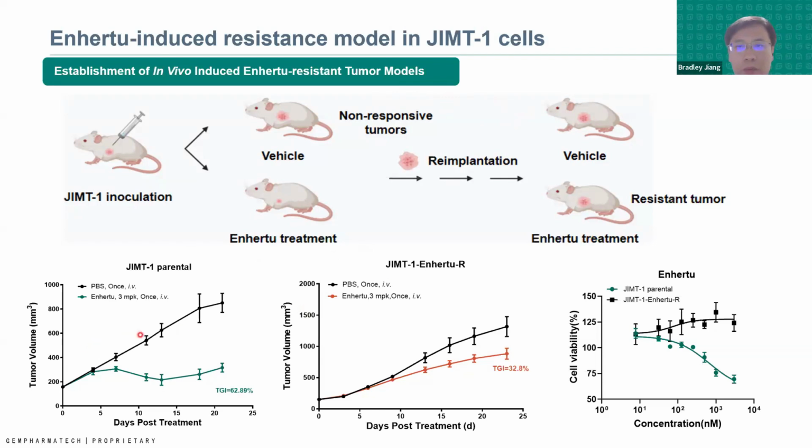We inoculated nude mice with the GMT1 parental or resistant cell line, and then treated with Enhertu at 3 mpk once, and the results show that the GMT1 Enhertu resistant cell line significantly reduced sensitivity to Enhertu. Meanwhile, the in vitro cell killing test also showed that the resistant cell line showed almost no response to Enhertu treatment.